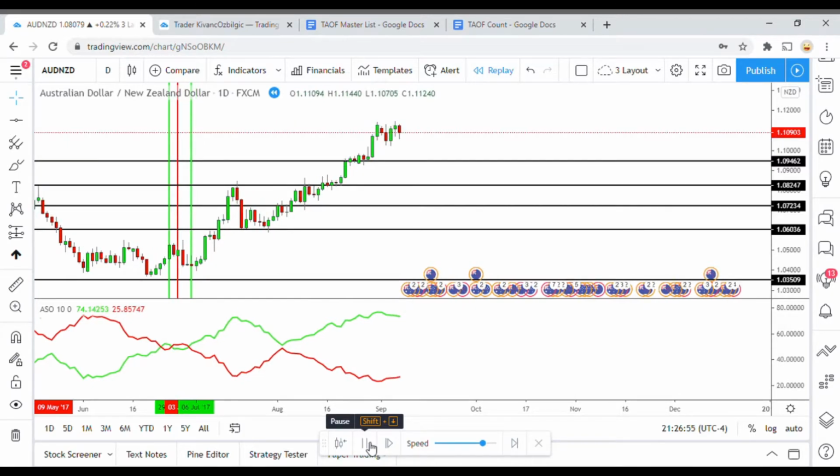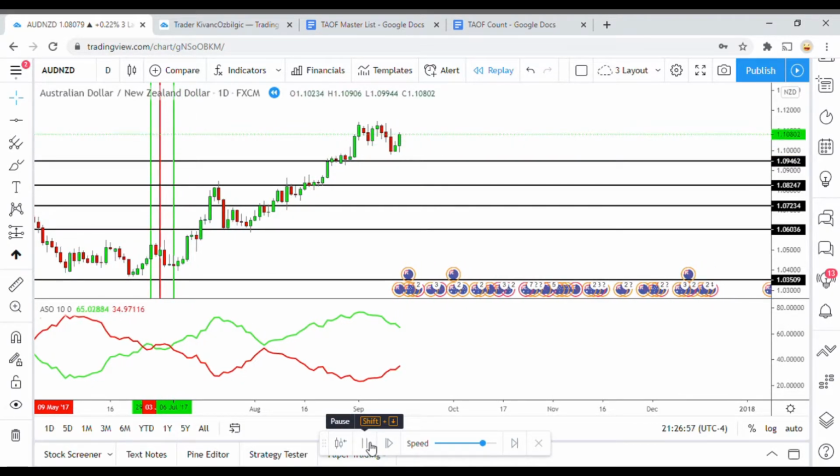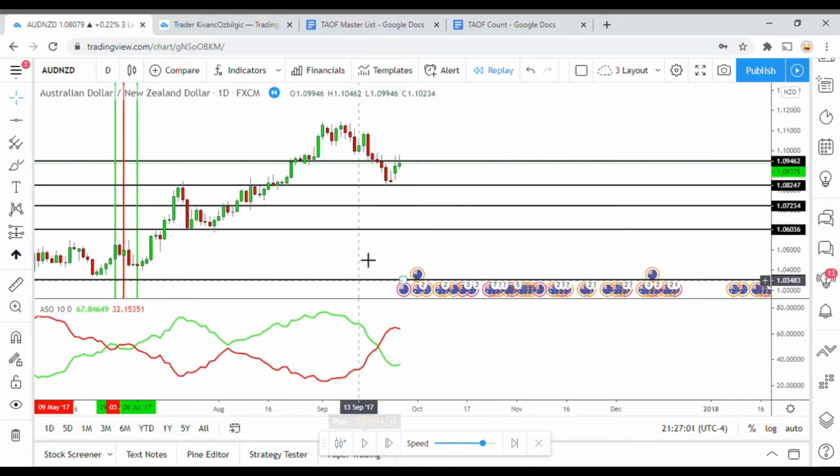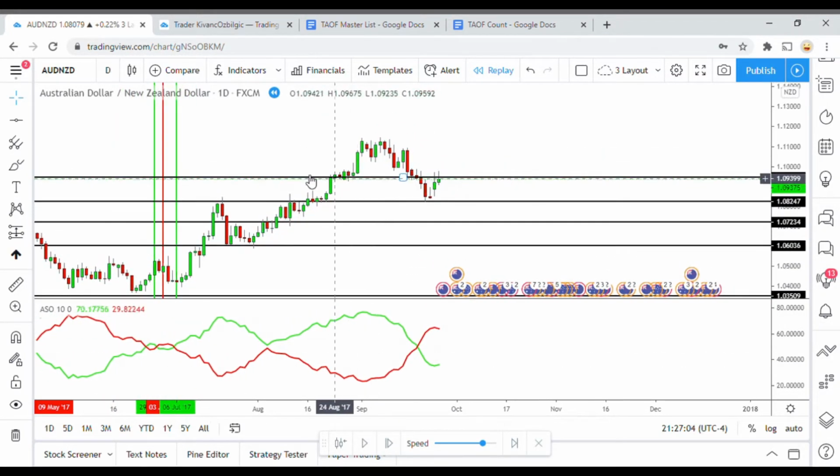And so let's see what it does. Oh, there we go. It made the break and is now rejecting that area. Yeah. So it broke up a reasonable amount. I mean, that was definitely a decent move upwards there.